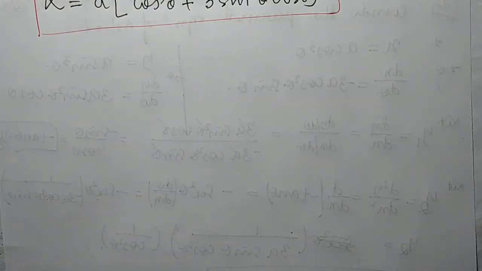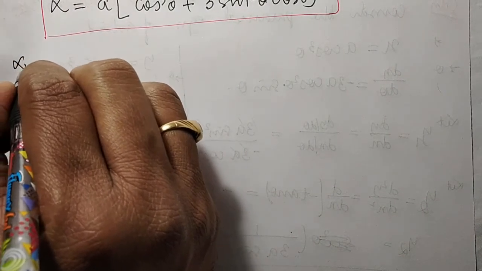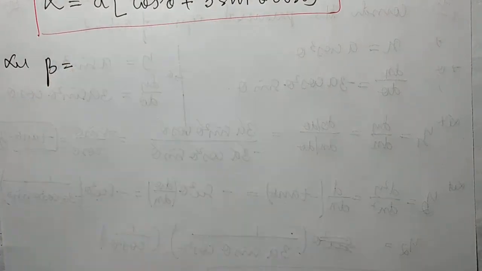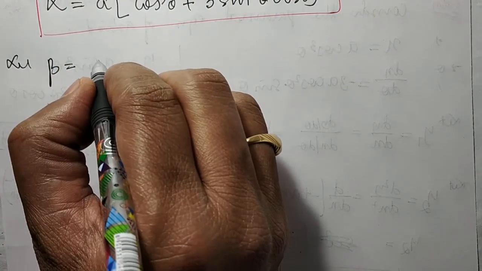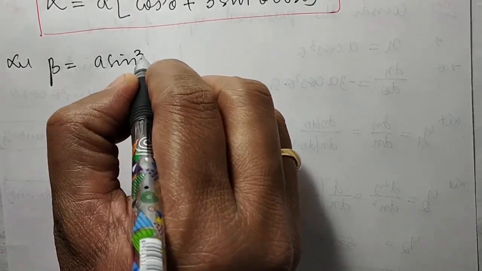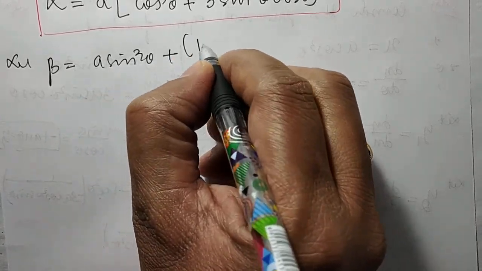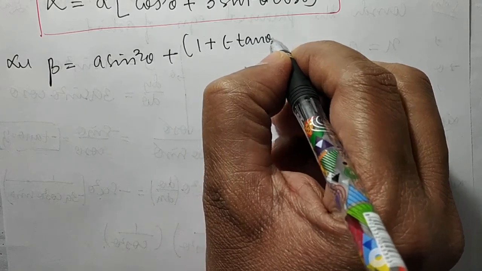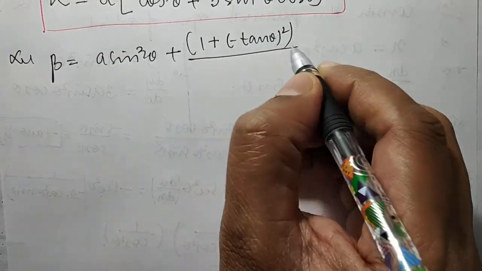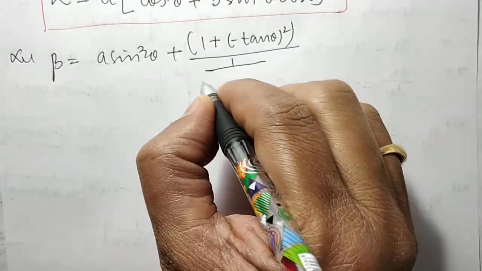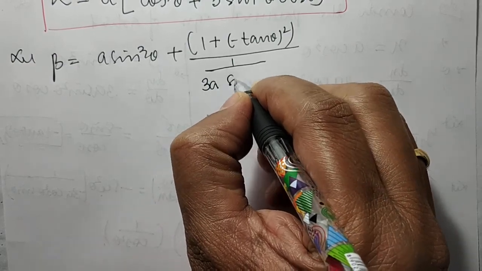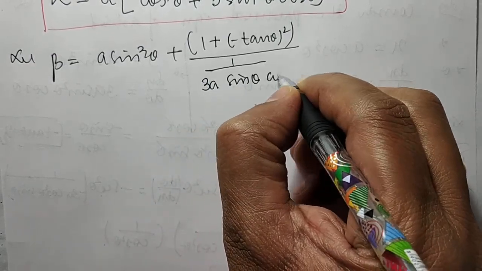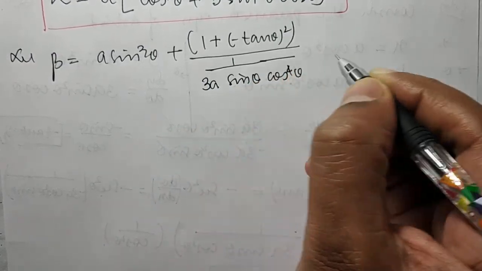Similarly, if we calculate the value of beta, let beta is equal to y plus y1, that is minus tan theta this square, divided by y2, that is 1 divided by 3a into sin theta into cos raised to 4 theta. Fine.